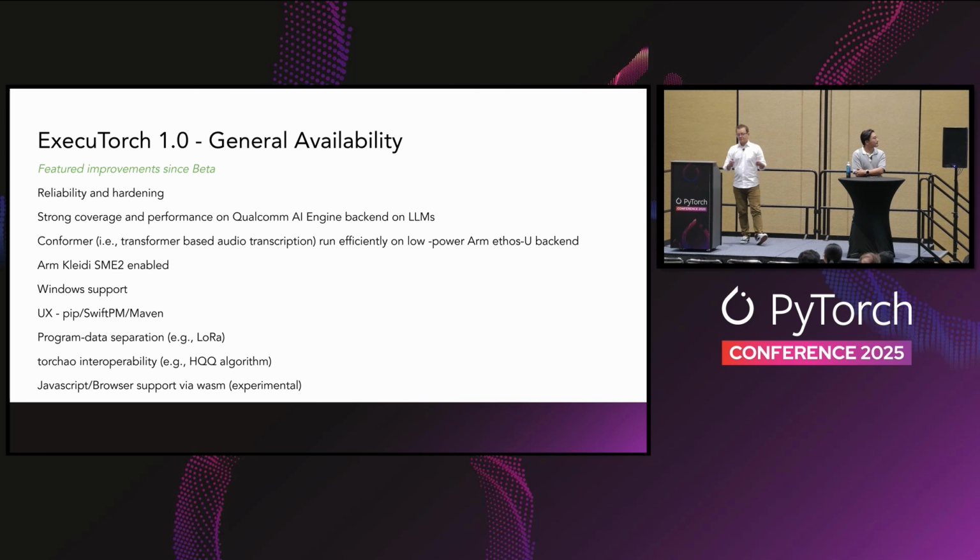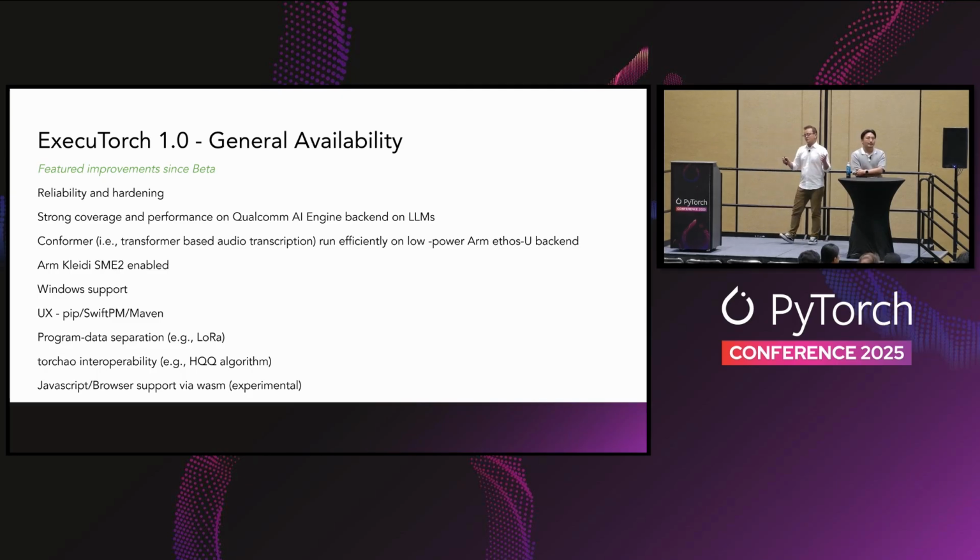On the ARM side, Kleidi SME2 is enabled, and multiple use cases run efficiently on low-power ARM Ethos-U. And we've also added Windows support and improved the UX for build and Swift PM and Maven builds.